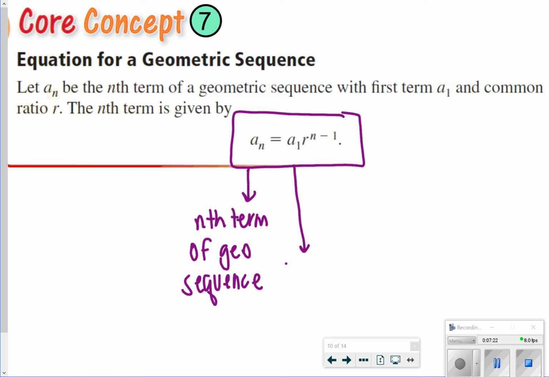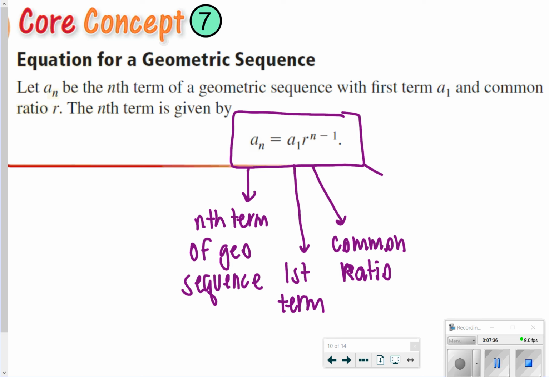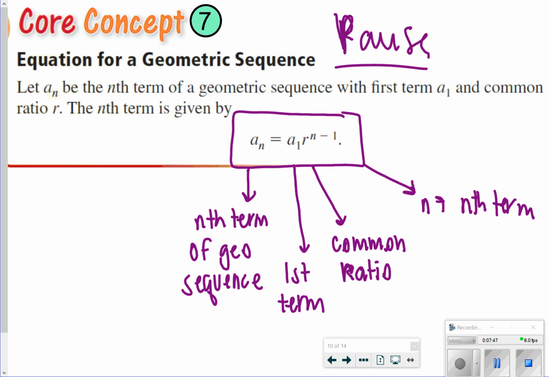A1 represents the first term of the sequence. R is the common ratio. And then N represents the nth term. So let's go ahead and take some time now to pause right here so you can write down the equation or the formula and then label it. Then once you're done, I'll show you how it's done, and then you're going to try to on your own.